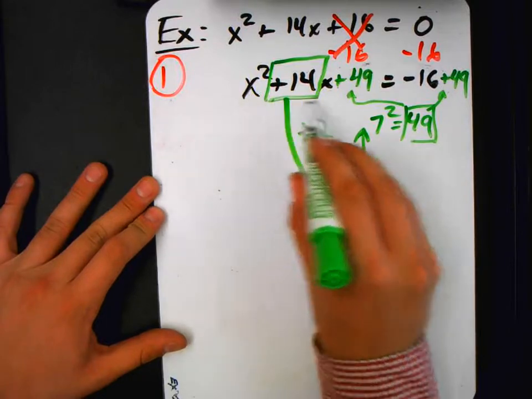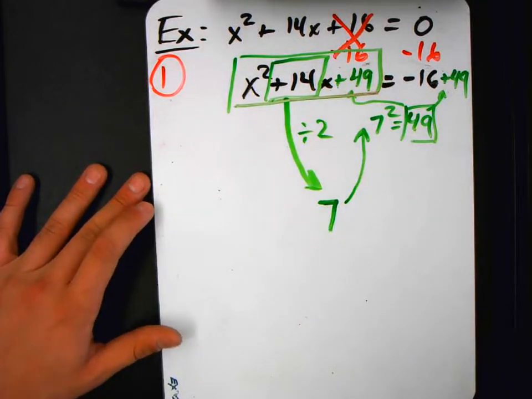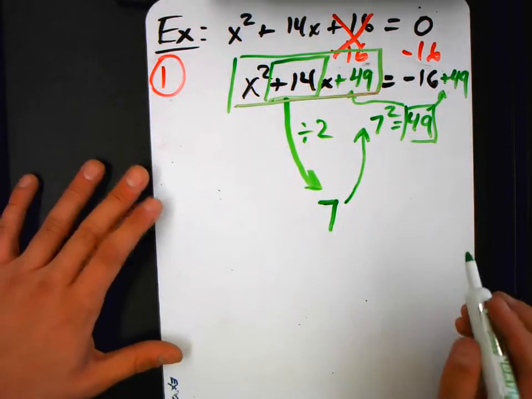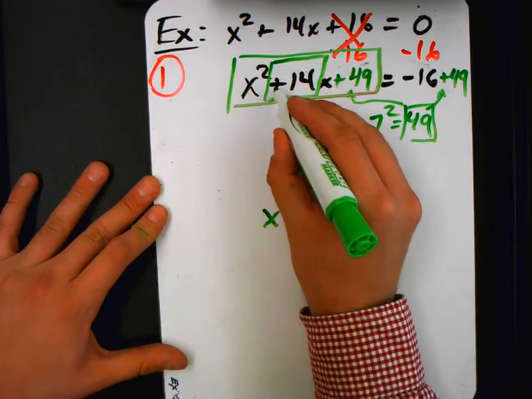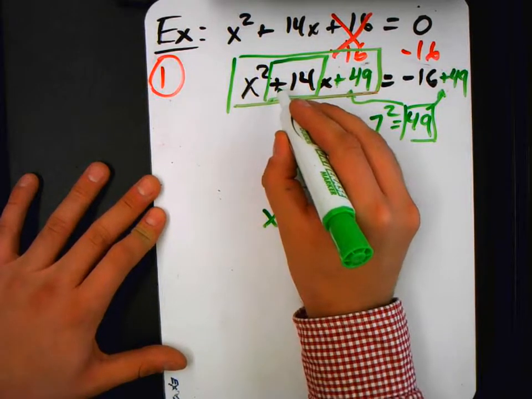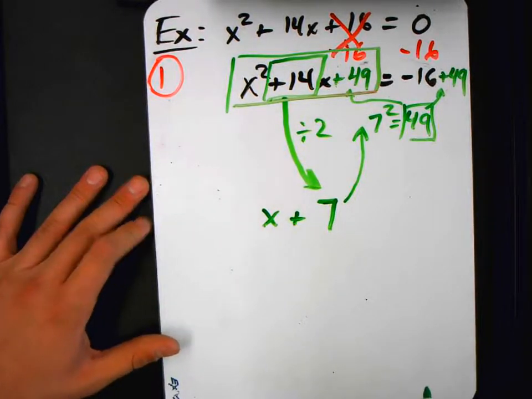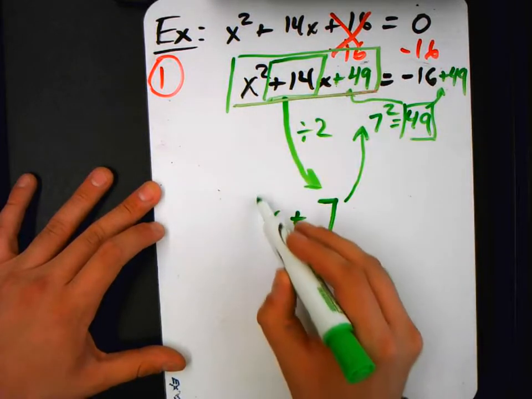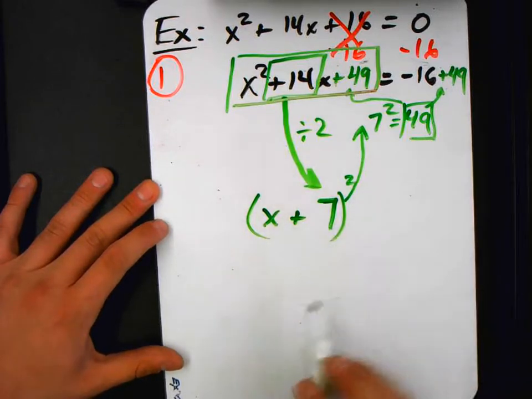Now, if you want to go through and factor this trinomial right here, this quadratic, and do the exact same process, then you can. But all I am asking you to do is to bring this x down and include this sign that you see right here in front of your second term. This expression up here, factored, becomes x plus 7 squared.